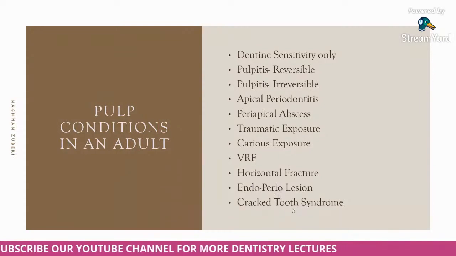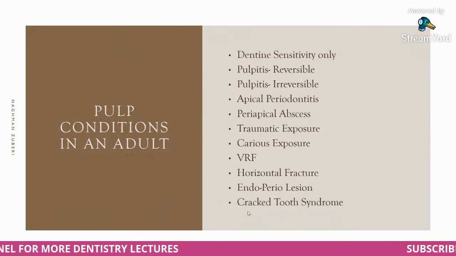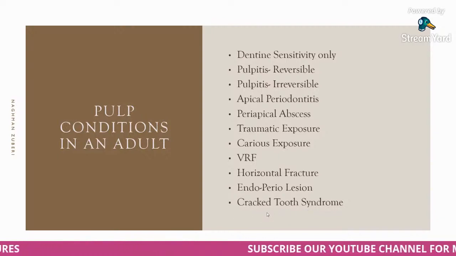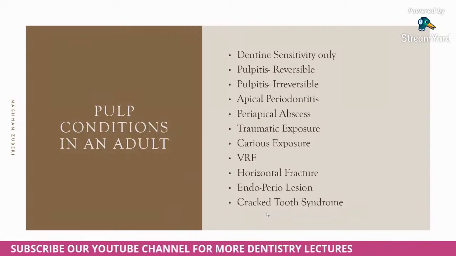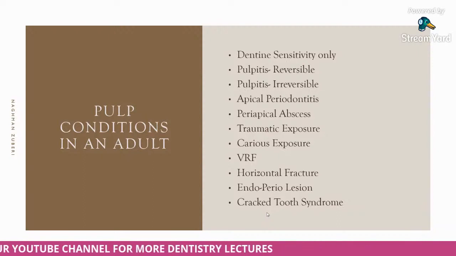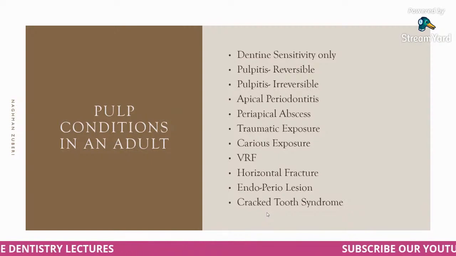And then the symptoms of cracked tooth syndrome, they want to ask you what could be the situation. The patient is going through this type of problem. At times, they even ask you to distinguish between the conditions, like if it's a cracked tooth syndrome, or a cracked tooth, or a cracked cusp, or cuspal fracture, or there is a craze line.